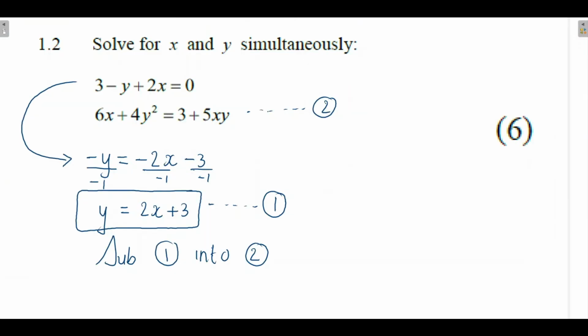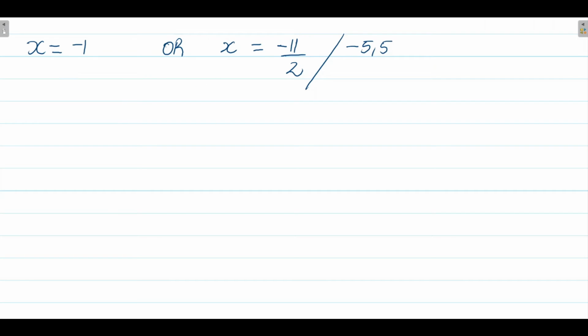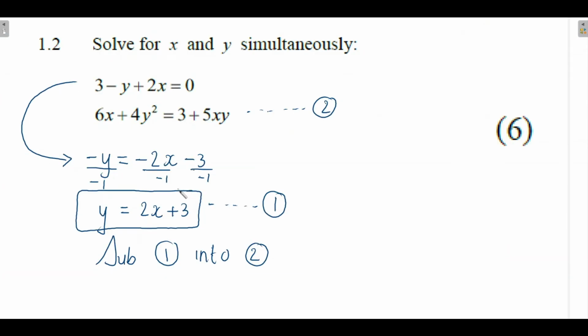Okay, so now we go back to our initial y equation. Because we've basically isolated the y, we can take these x values that we've obtained, x equal to negative 1 and x equal to negative 11 over 2, and substitute these values into our equation 1 to get our y value.